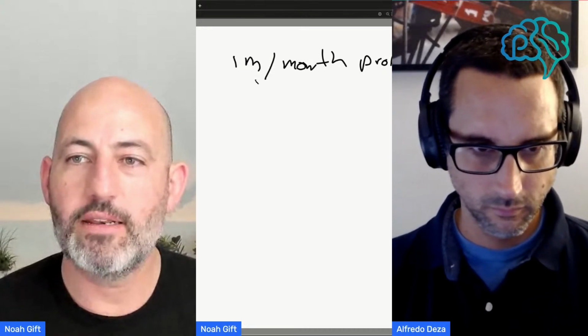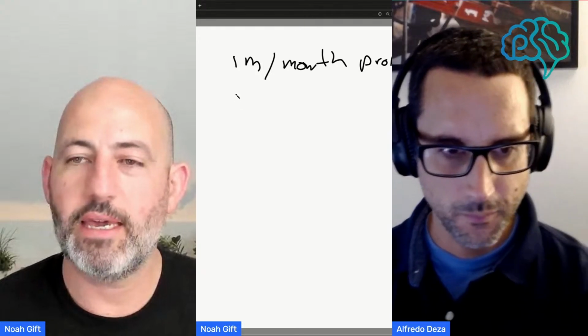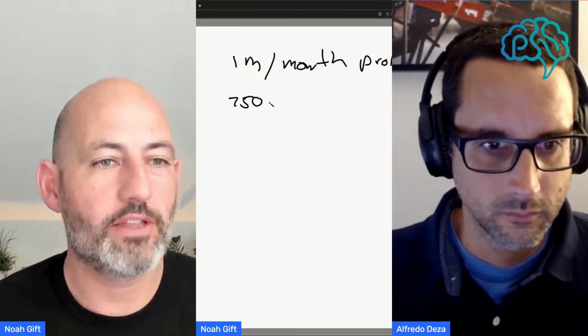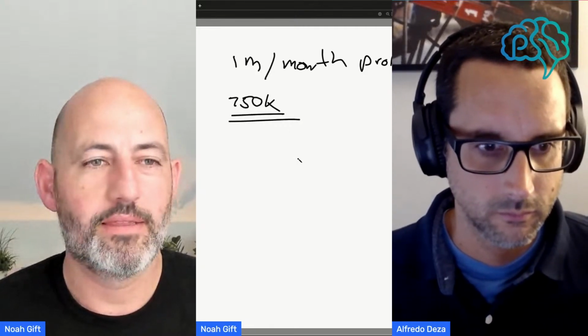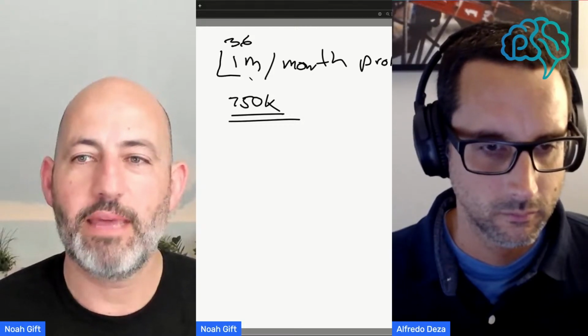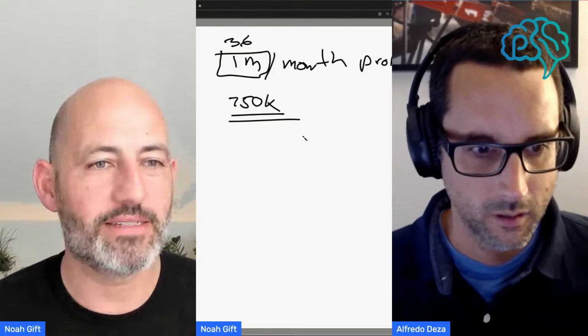And all of a sudden it dropped, and they were making, let's say, 750,000 a month for like 2 months, and we're like, that's weird. In the last 36 months, they made 1 million, and then all of a sudden they made 750,000.